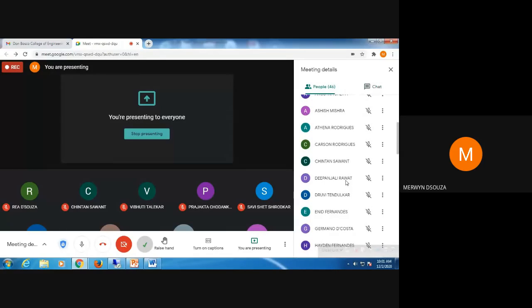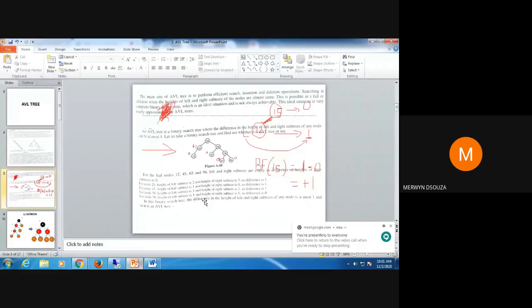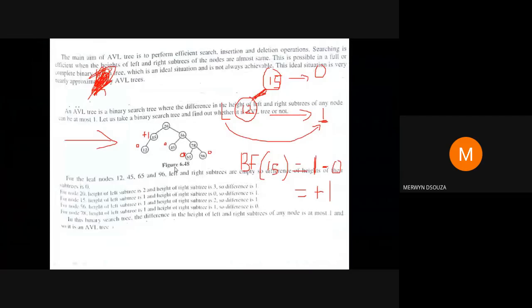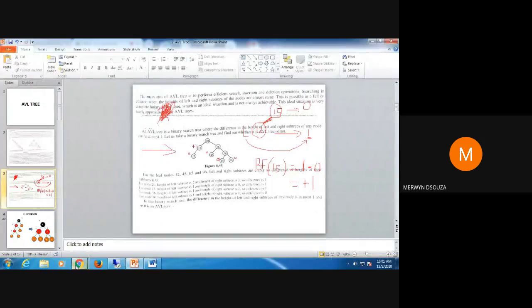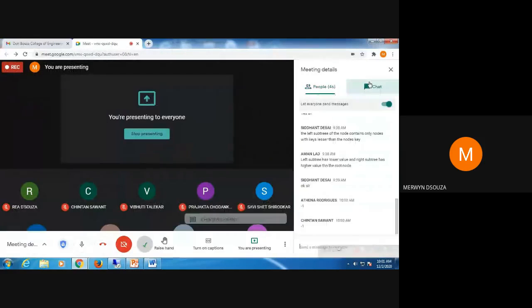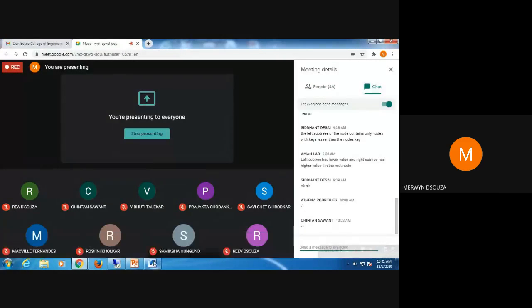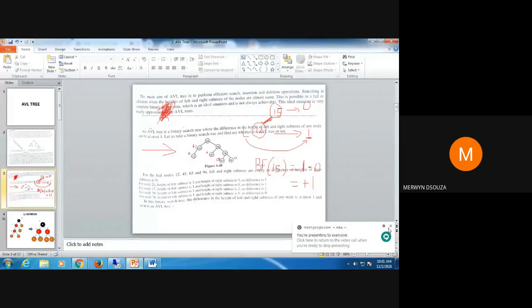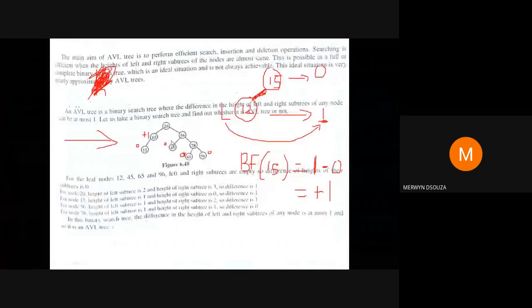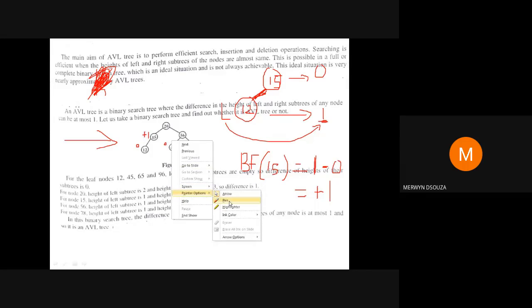So Chintan, can you tell me what is the value for 56? Okay, again it is minus 1. So how do you get minus 1?